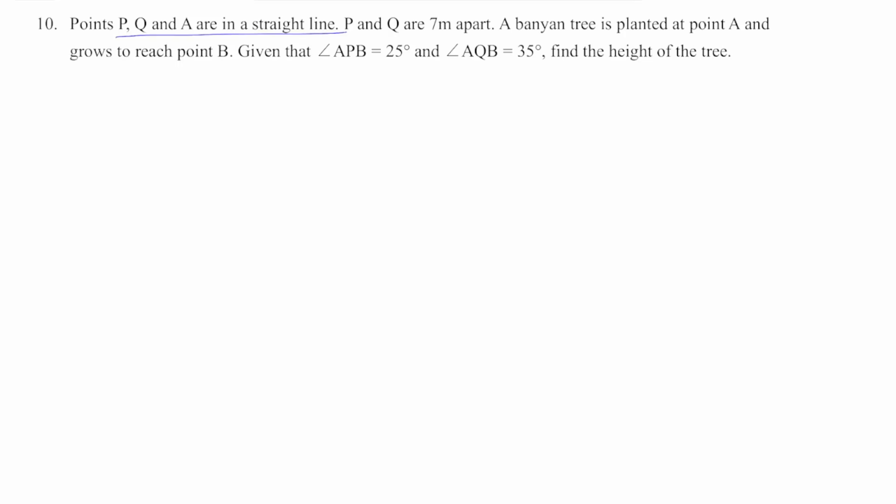So let's label point P. Straight line. Maybe not too big because no space. We have point P, we have point Q, and they are 7 meters apart. And then we have point A, that's where the banyan tree is.